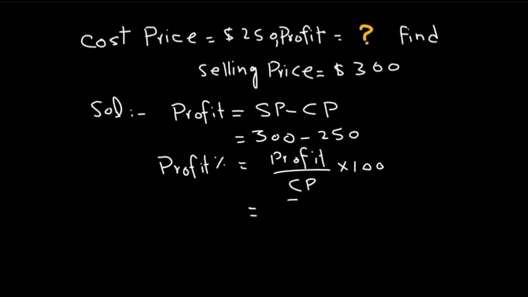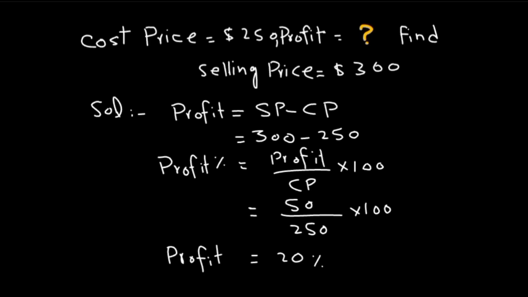So profit we have 50 and cost price we have 250, multiplied by 100. Now when we simplify it, we will get 20%. So our profit in percent we have 20%. So this is our answer. Thank you very much for taking class.